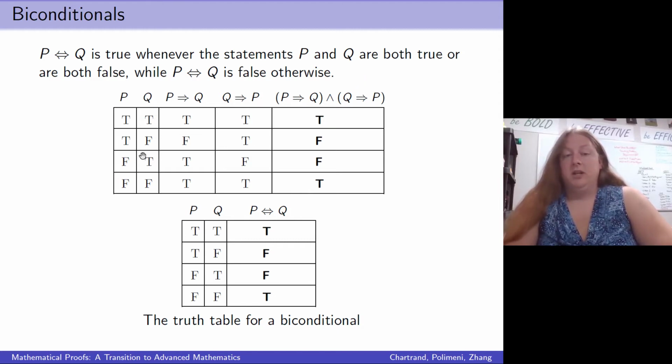So now I'm not really looking at this initial part of my truth table anymore. I'm looking at the original implication and its converse, and I'm looking for a pair of true values. So when I do that, I have true and true here, and I have true and true in my last row. And otherwise, one of the two statements is false, and since they're being joined with that and in a conjunction, they both have to be true for it to be true.